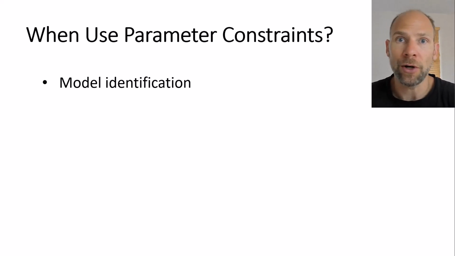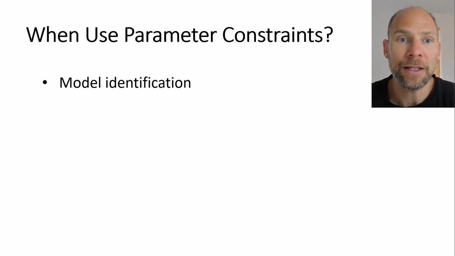It's not clear what scale they should be measured on, and therefore we need certain fixations in order to set the scale of the factor. And again, this is typically done by fixing one factor loading to 1 or by fixing the factor variance directly to 1. And then you have the factor scale identified.